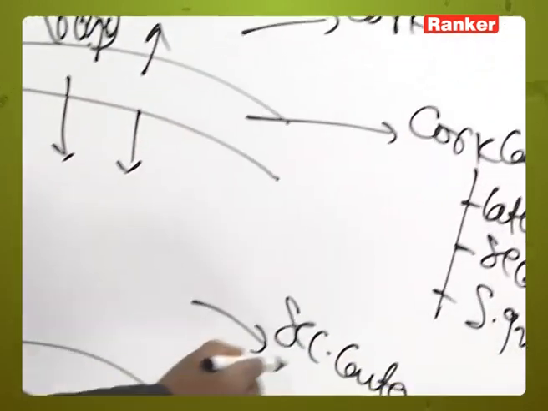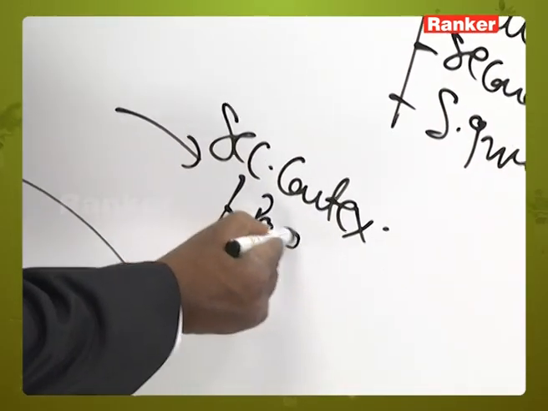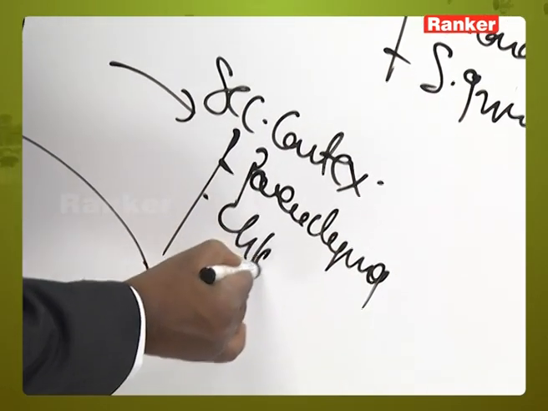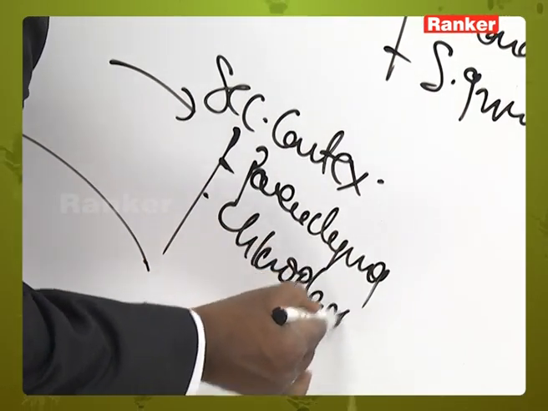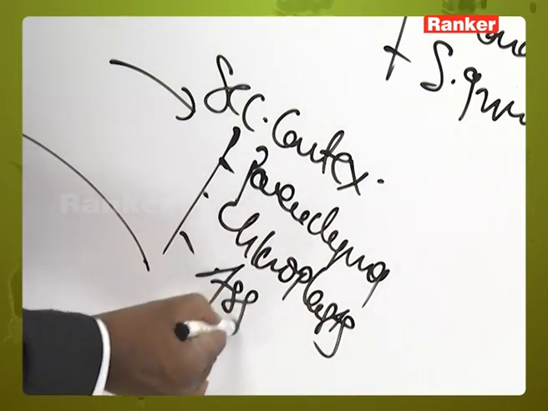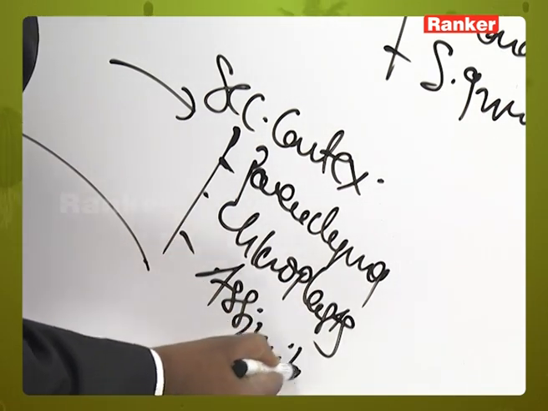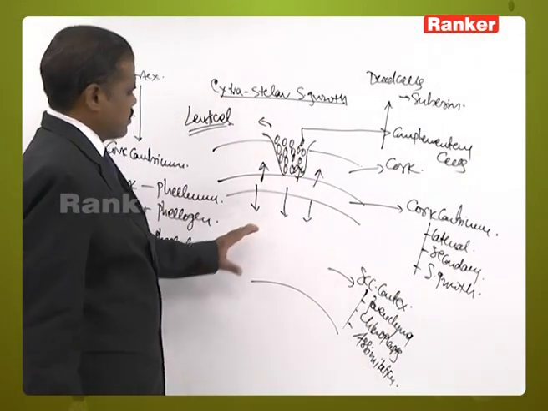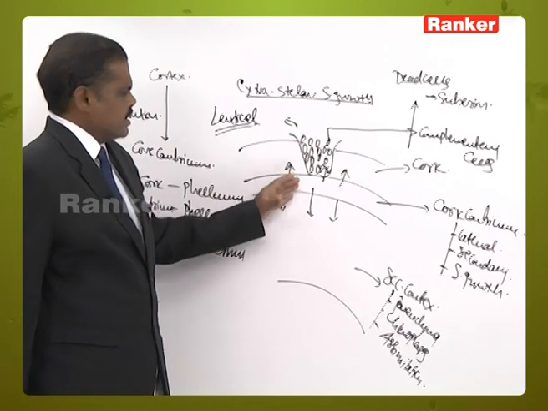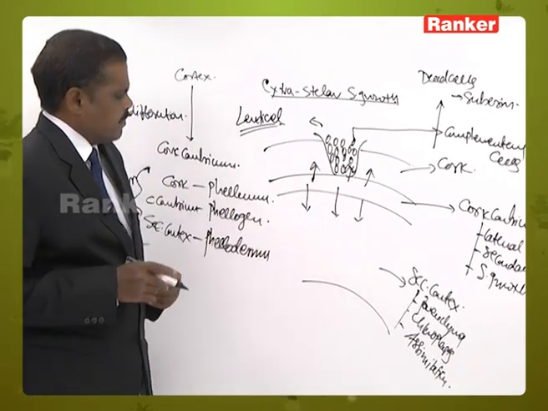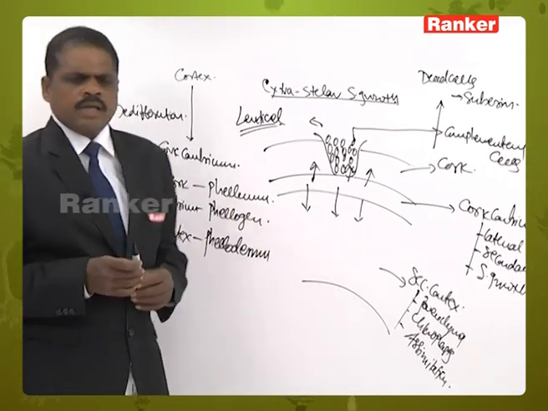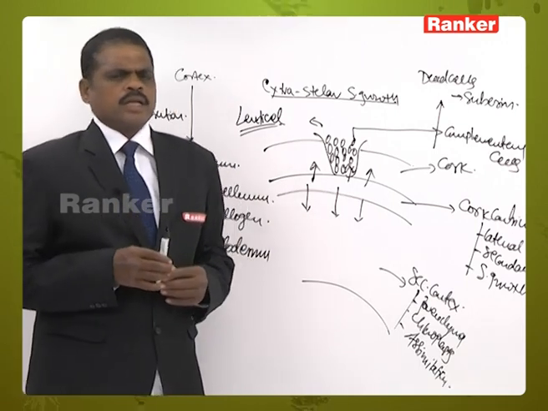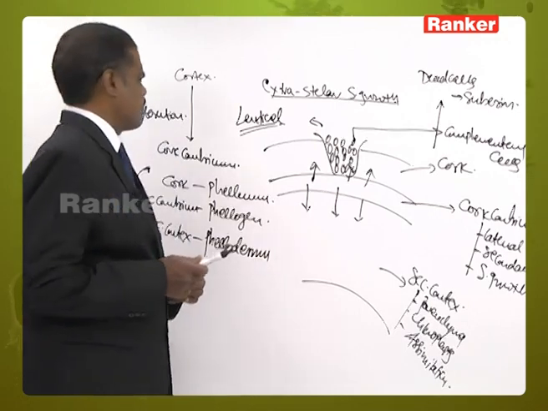Secondary cortex is made up of parenchyma cells having chloroplast, and the function is carbon assimilation, nothing but photosynthesis. So secondary cortex, just inner to cork cambium, has parenchyma cells filled with chloroplast and is meant for carbon assimilation.